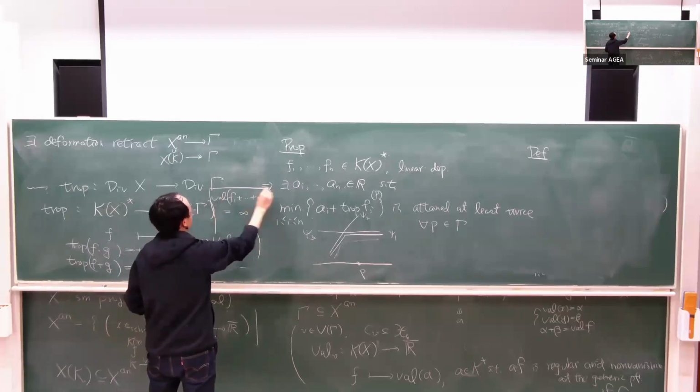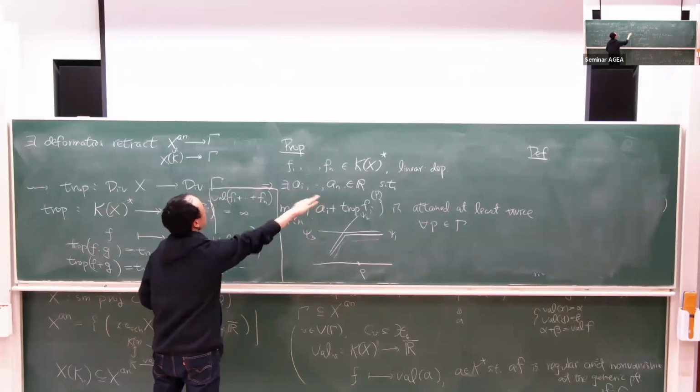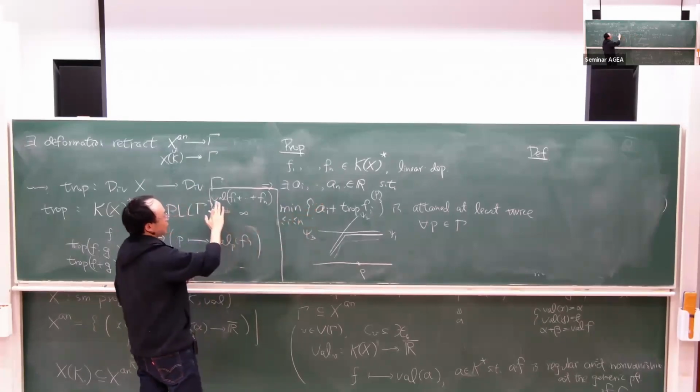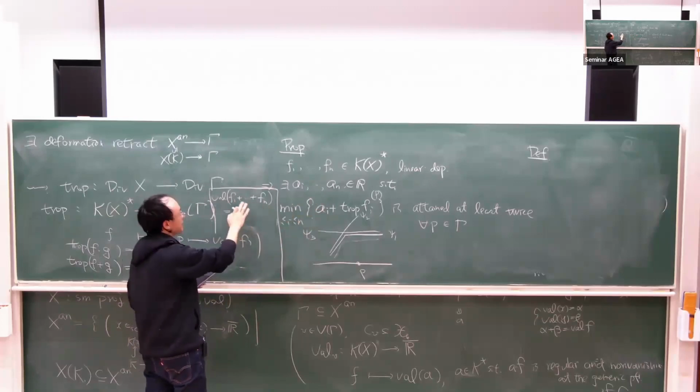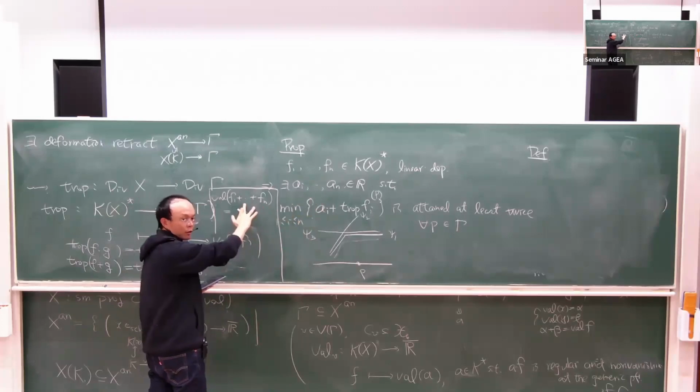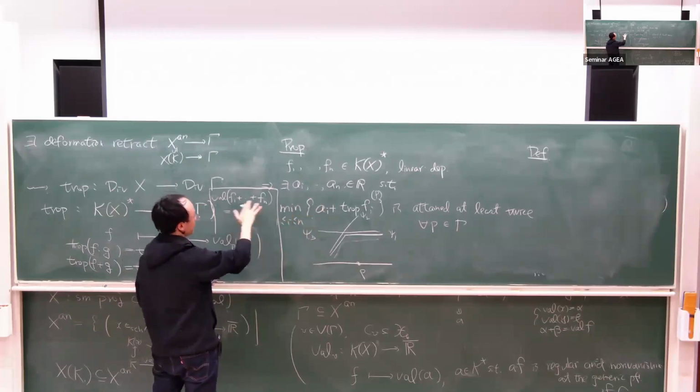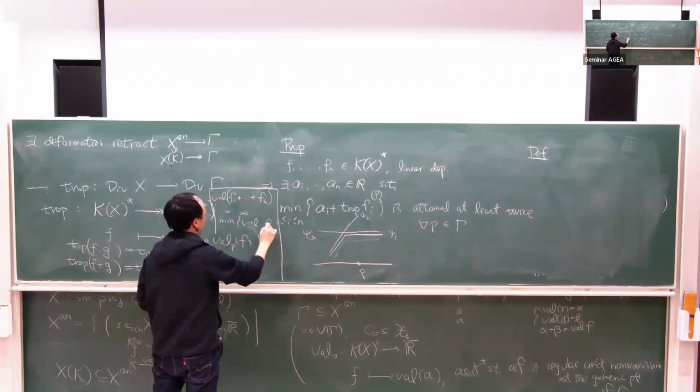Let me explain the essential argument for this proposition. If you have n many functions and you know the sum has valuation infinity, which means that their sum is 0, you have a linear combination of these. Then you must have that the minima of the valuation of the monomial.